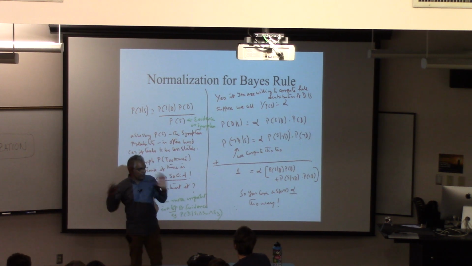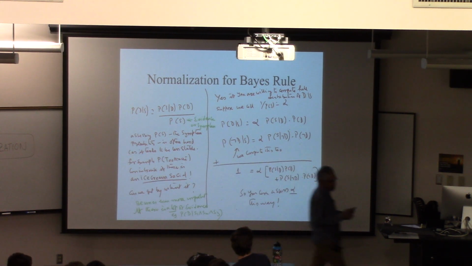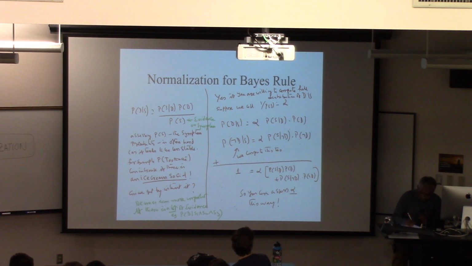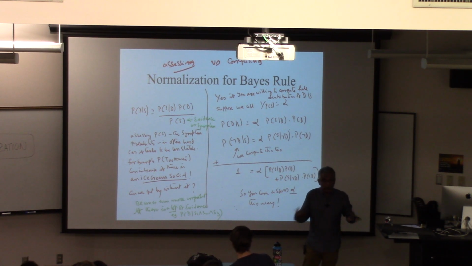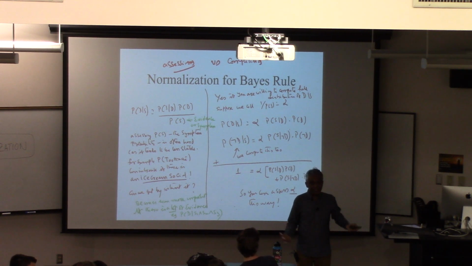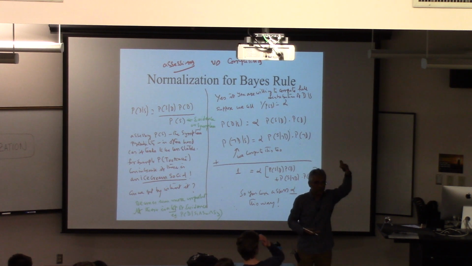By the way, it is very important to understand in probabilities the difference between computing versus assessing. Assessing means you go into the real world, do experiments, and basically take the number of things in the numerator by the number of things in the denominator.